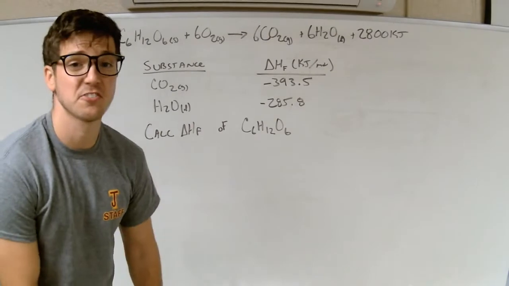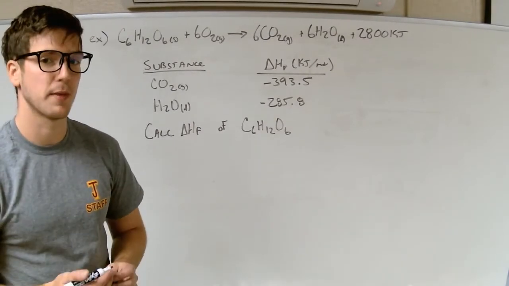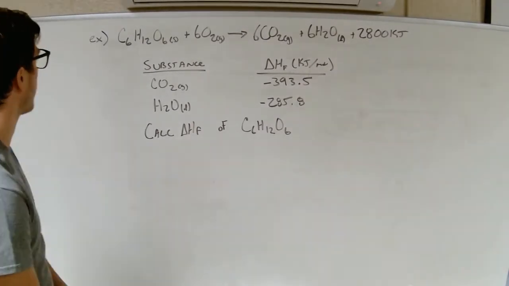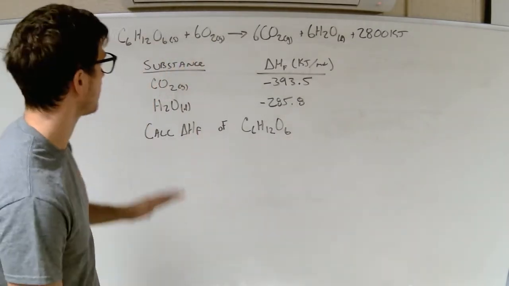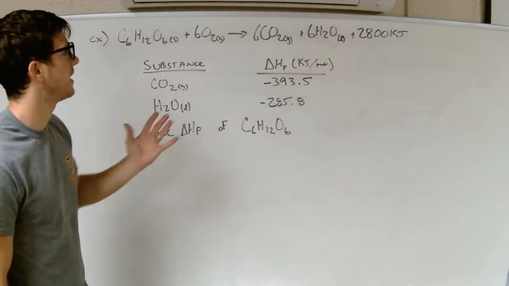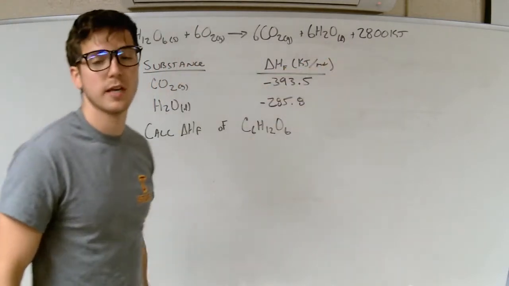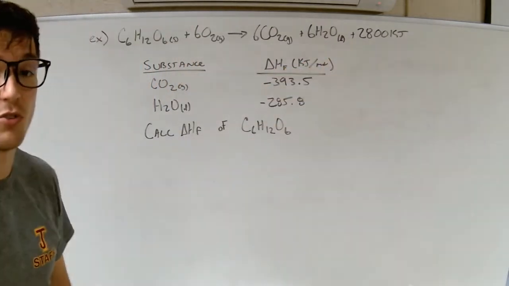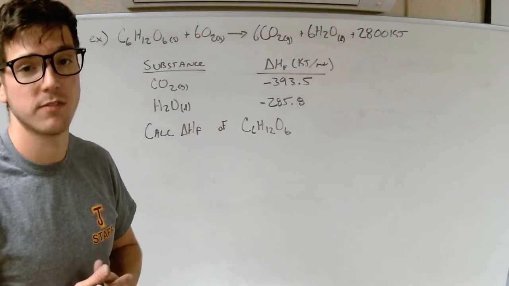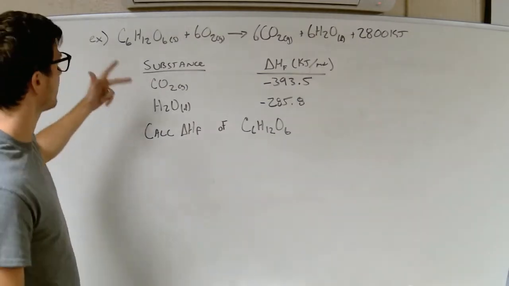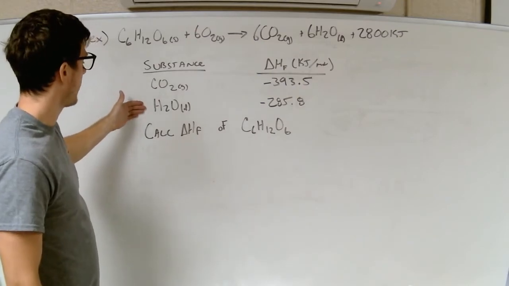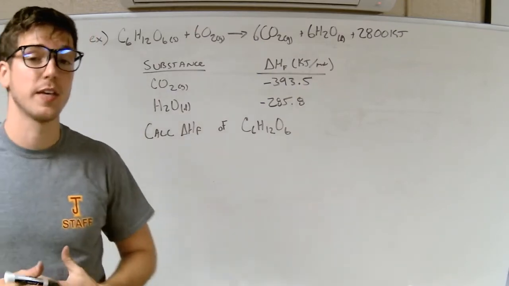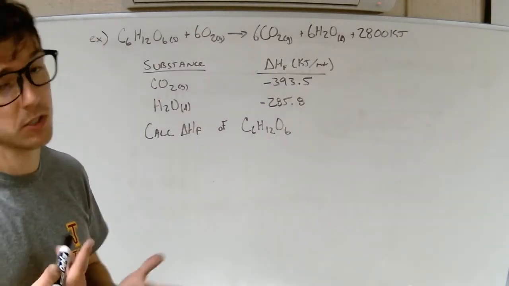Alright everyone, here's another example, a little bit different from the last one. Here I gave you a reaction up top, but you'll notice that on the product side, I gave you an enthalpy that gives you the total heat for that reaction. And then we have some heats of formation for CO2 and H2O. Now I don't want you to calculate the enthalpy of the whole reaction, because they already gave it to us.